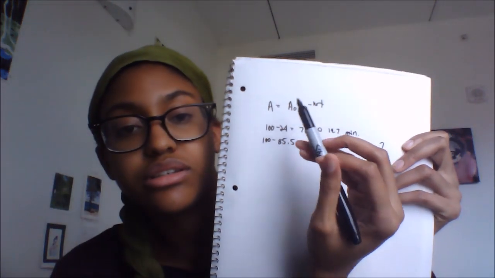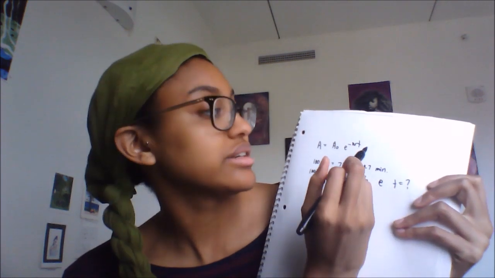Let's simplify this equation, because first we have to find the rate constant. This is the variable that's going to be the same between the material that's degraded 24% and the material that's degraded 85.5%.